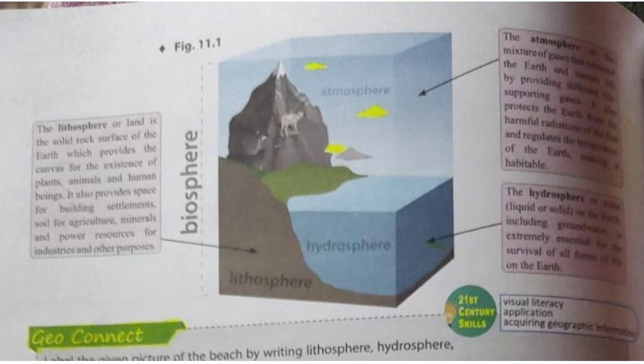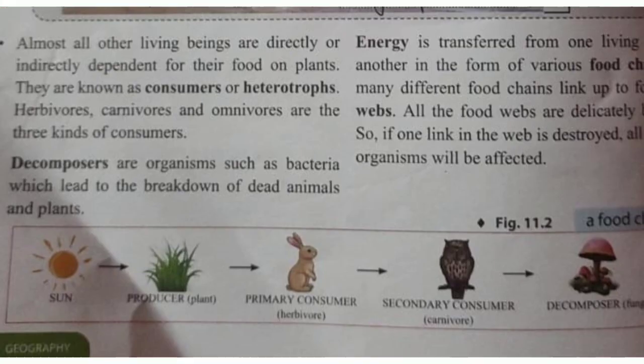Their physical environment forms an ecosystem. This relation between the living organisms, as well as the relation between the organisms and their surroundings, forms an ecosystem. A desert, a forest area, a grassland, a lake, an ocean, even an aquarium are examples of ecosystem.